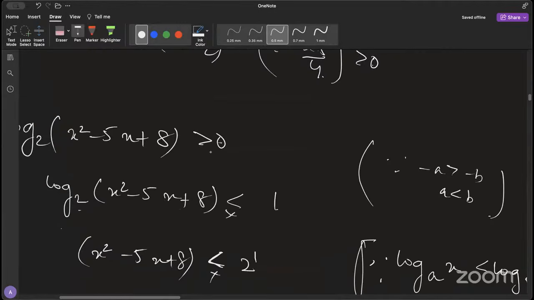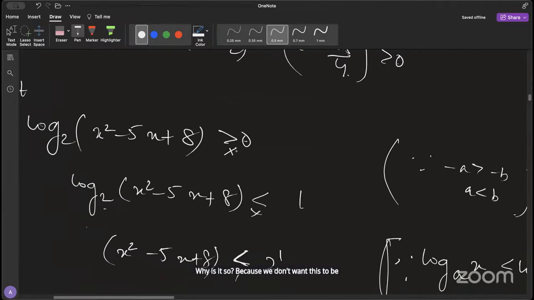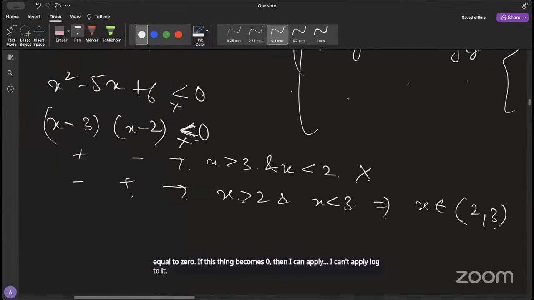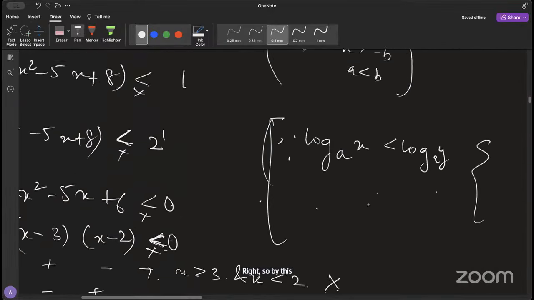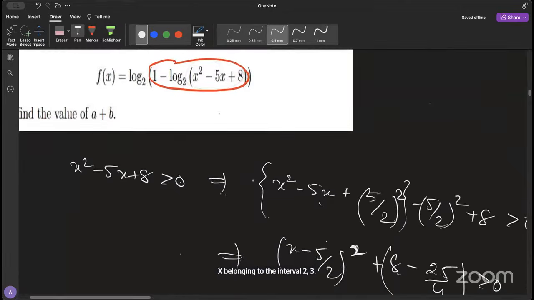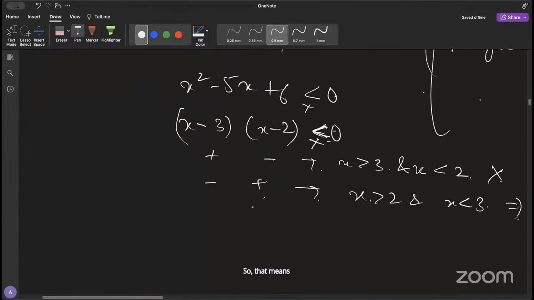Why is it so? Because we don't want this to be equal to 0. If this thing becomes 0, then I can't apply log to it. So x belongs to the interval (2, 3). That means my domain is (2, 3).